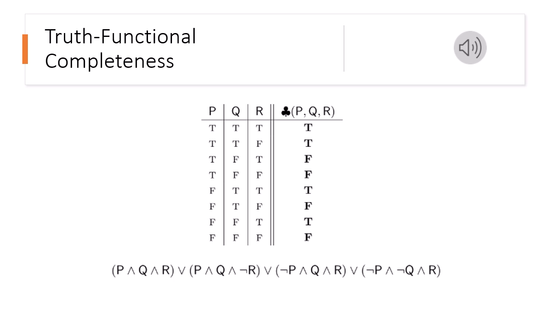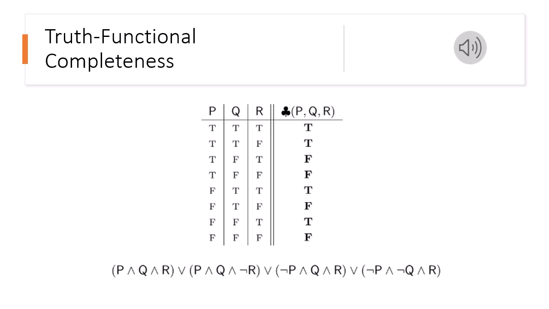But nonetheless, it's always going to be possible to find a formula in disjunctive normal form, like the one down below, or a conjunctive normal form that is equivalent to that truth-functional connective that we introduced. And so, in a sense, conjunction, disjunction, and negation are really all that we needed, right?